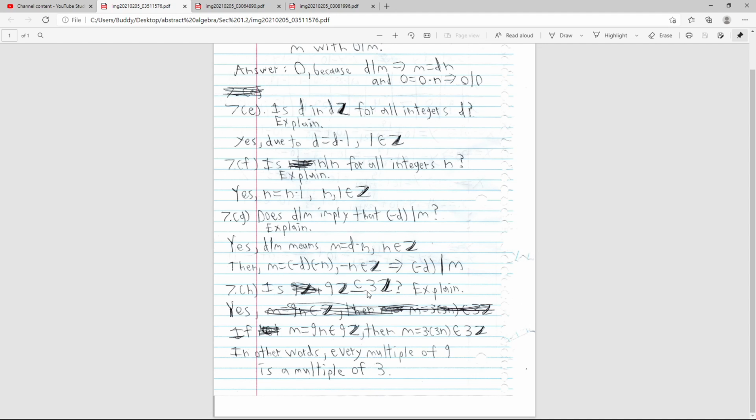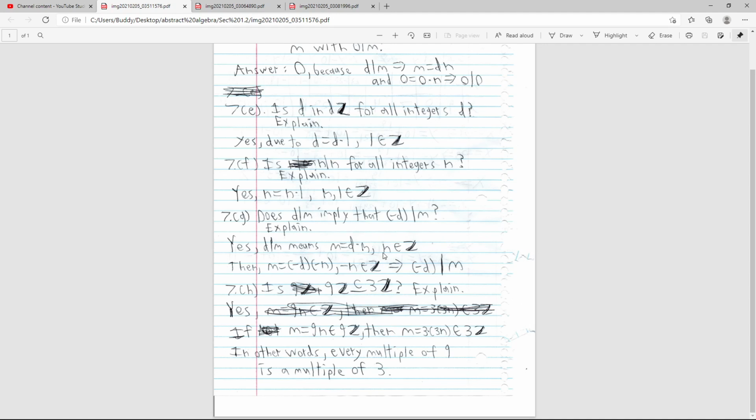Finally, for this type of problem, is 9Z basically a subset of 3Z? That's one way of saying this. Subset means it's part of the bigger set 3Z. Explain. So m equals 9n is in 9Z. Then m equals 3 times 3n is in 3Z. We can make it 3 times something, 3 times 3n basically, and that'll be included in 3Z always.